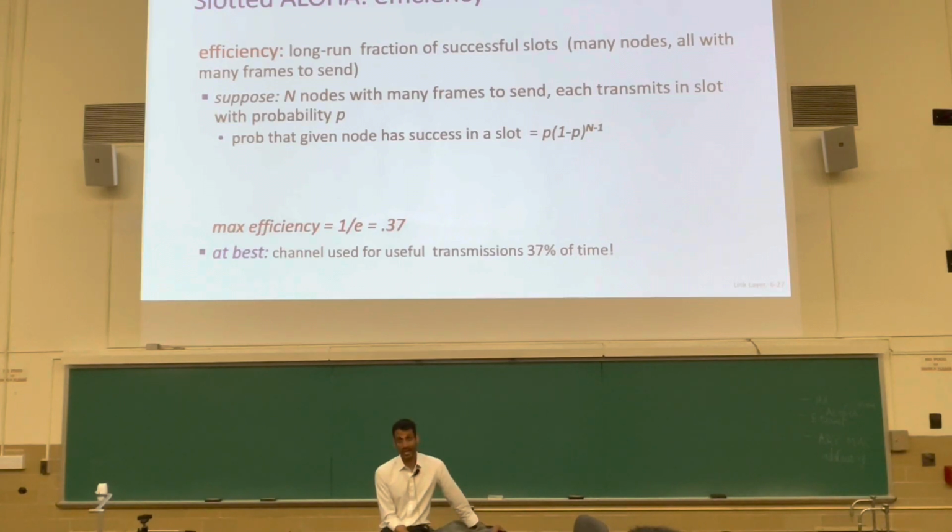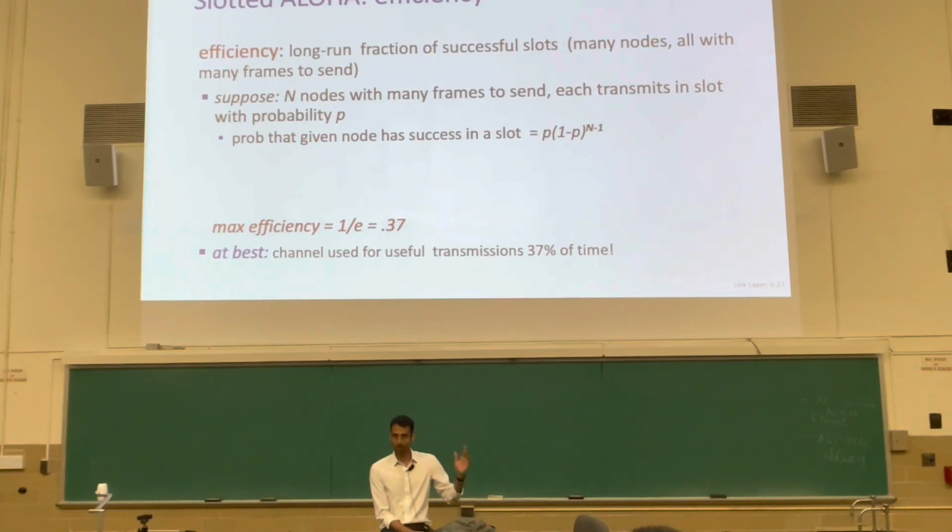The probability that any node or some node, I mean the same thing, right, in English, is successful, and in math, is successful in a slot is given by either node 1 is successful, or node 2 is successful, or node 3 is successful. And these are all exclusive events. It's impossible that node 1 is successful and node 2 is also successful, right? That would be a collision. So each of those events has this probability, and there's n nodes, and these are n mutually exclusive events.